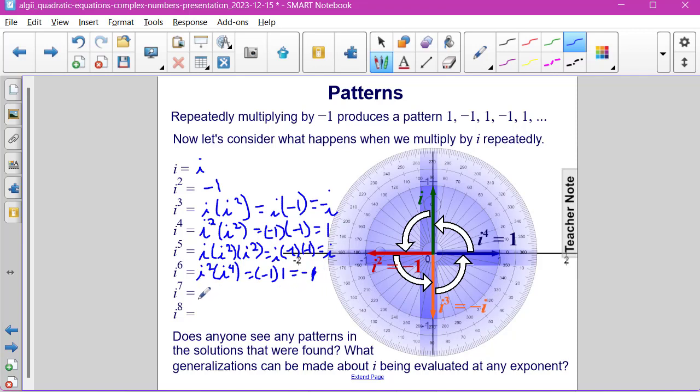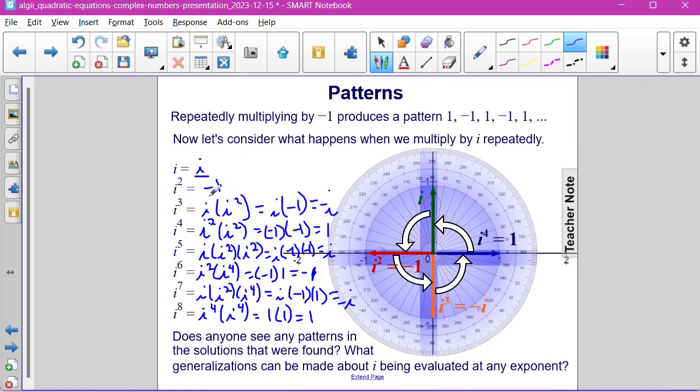If we do i to the seventh, we will have i times i squared times i to the fourth. So that's going to be i times -1 times +1, which is equal to -i. If we do i to the eighth, we'll have i to the fourth times i to the fourth, which ends up equaling 1 times 1, which is just 1. Does anybody see a pattern in the solutions that were found?